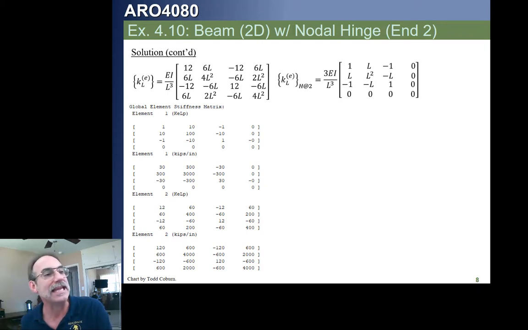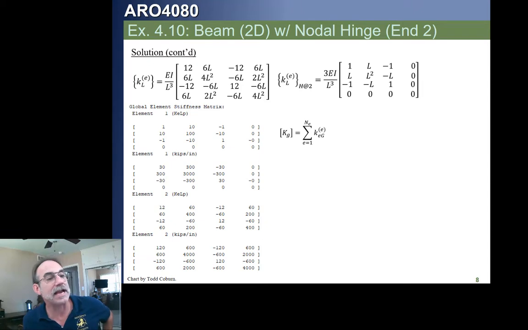This just makes it easy for me to check that the matrix makes sense. We can see that's just 1 in the first spot, the length in the next spot, the length squared in the next spot, and so on. So this is just a way you can just look. The second one shown for each is the global stiffness matrix of each element. The first one shown is a partial stiffness matrix without all the terms multiplied out, okay?